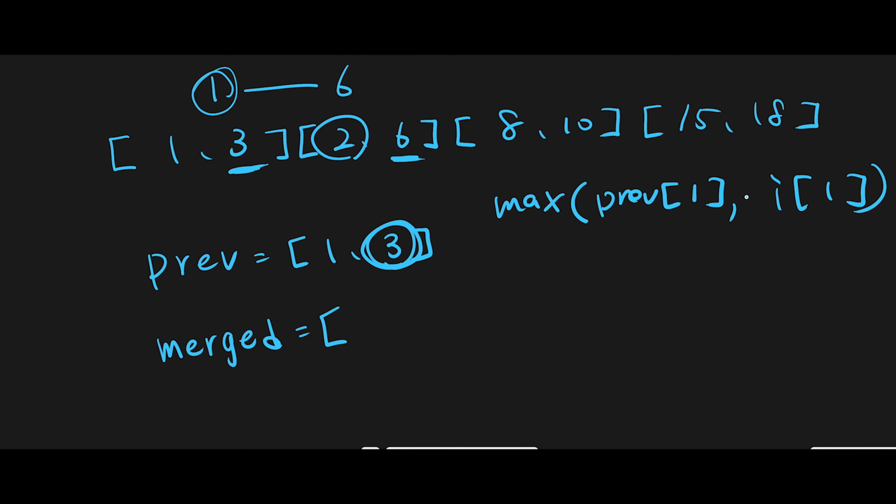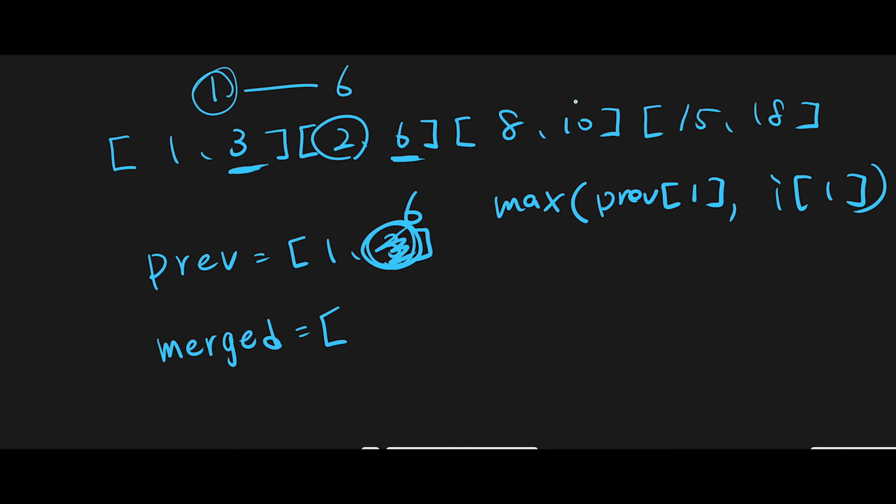Every time we merge two intervals, we calculate this formula and take the max. So in this case 3 versus 6, we take 6. Then we update the prev variable's index 1 with the bigger time, 6, so that we get 1, 6 as the previous interval.